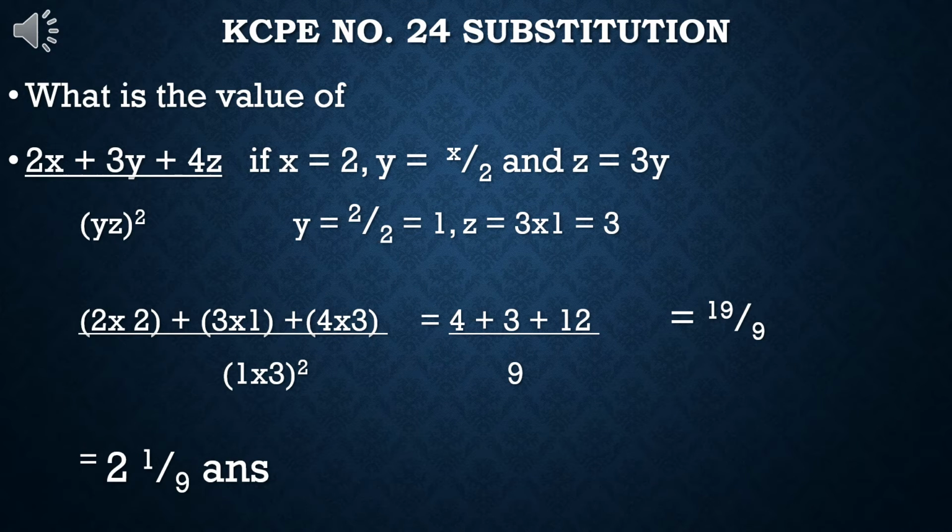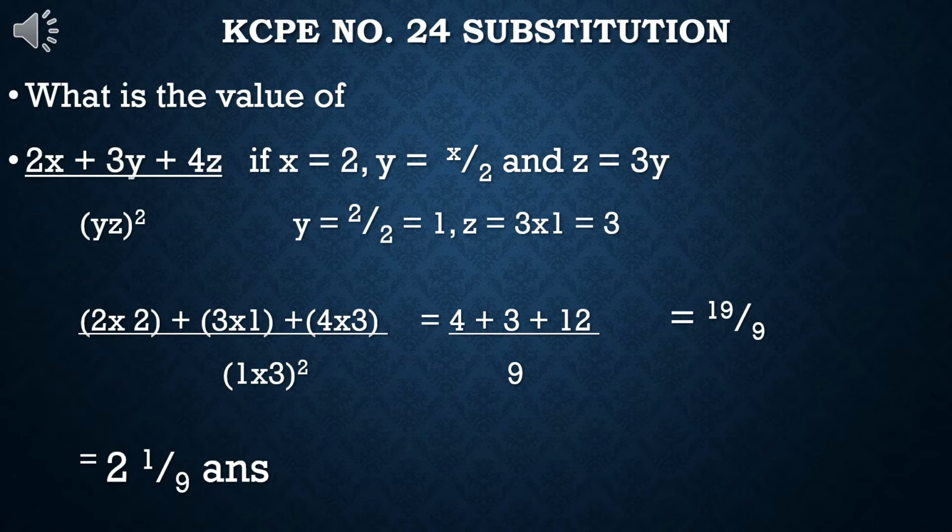Number 24 is a question on substitution, where we are supposed to replace the unknowns with the values that are given. So the question says (2x plus 3y plus 4z) over (yz squared). If x is 2, y is x over 2, and z is 3y. Before we solve the question, we have to know the value of y and the value of z.